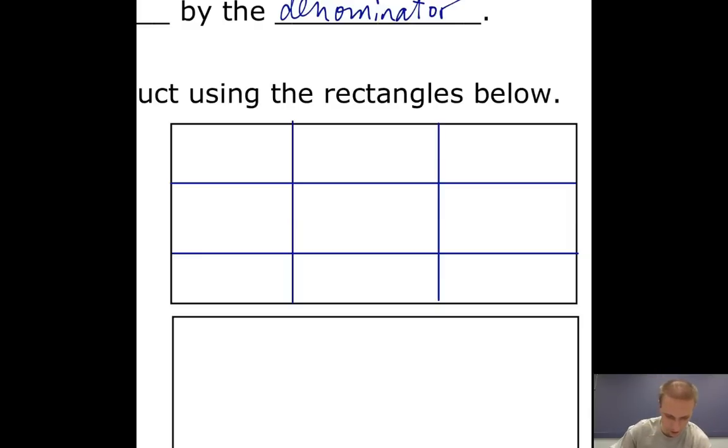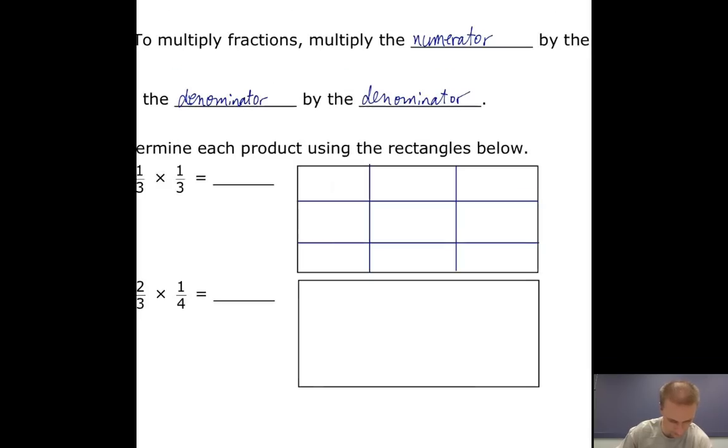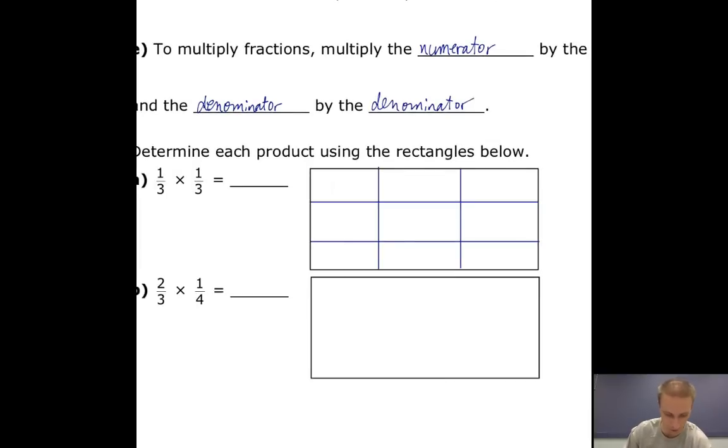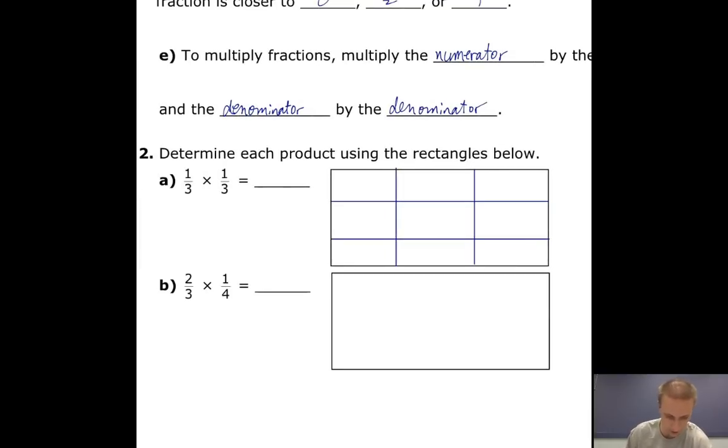Now we are doing 1/3 times 1/3 here. So we would like to represent the first 1/3. I'm going to represent this 1/3 here just by shading in this area.